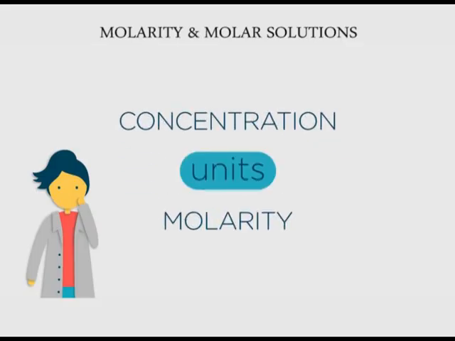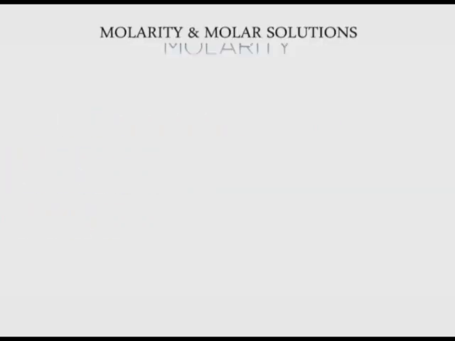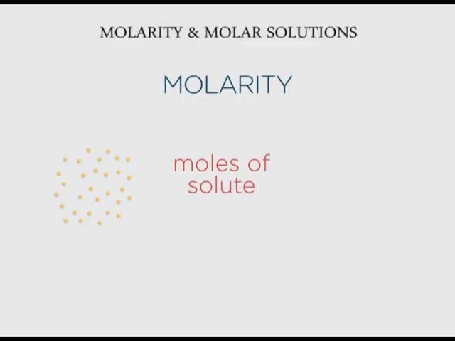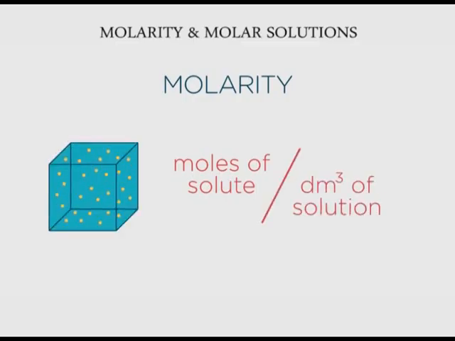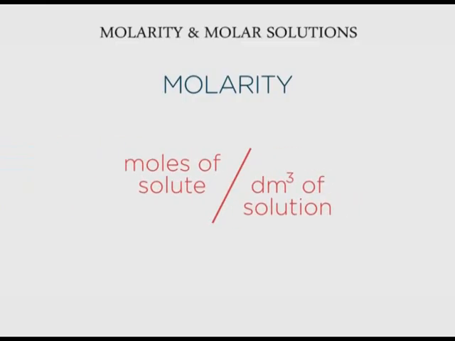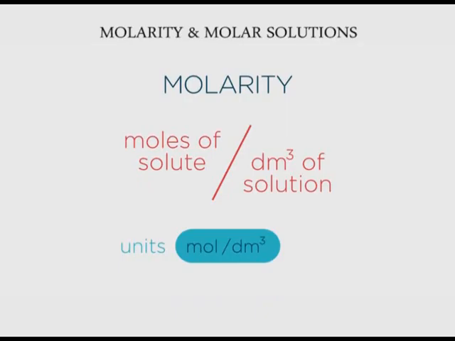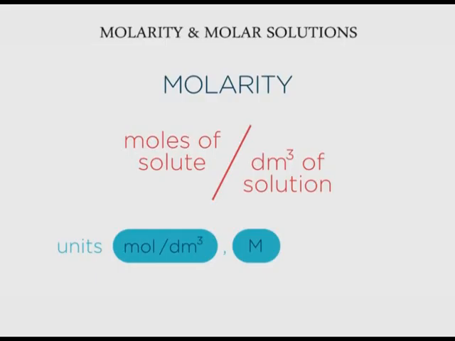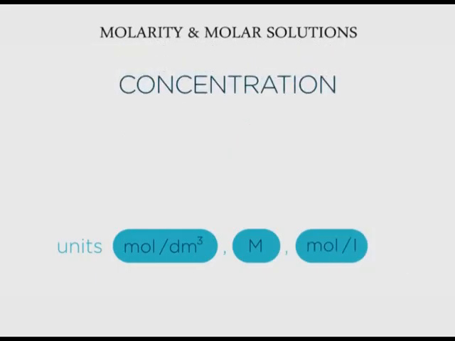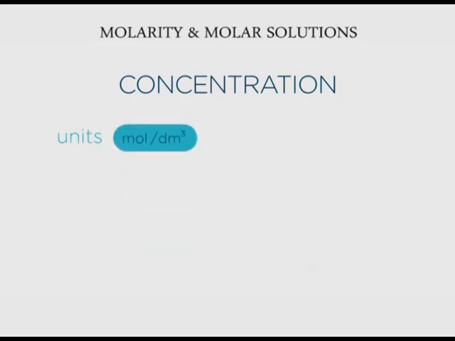The difference is down to the units. When we talk about the molarity of a solution, we mean the number of moles of a solute per cubic decimeter of a solution. The units are moles per cubic decimeter, or molar. Remember, 1 cubic decimeter is equal to 1 liter. Concentration, on the other hand, can be written in these units, but there are other units of concentration.